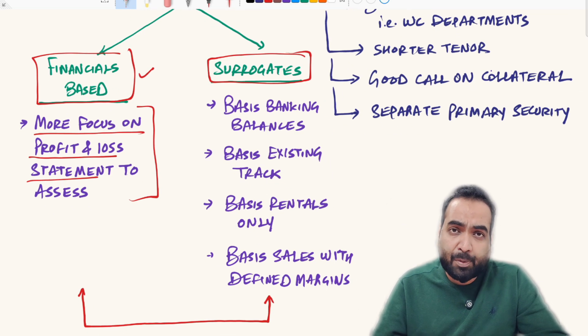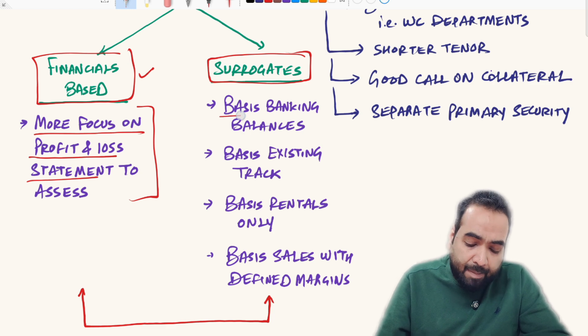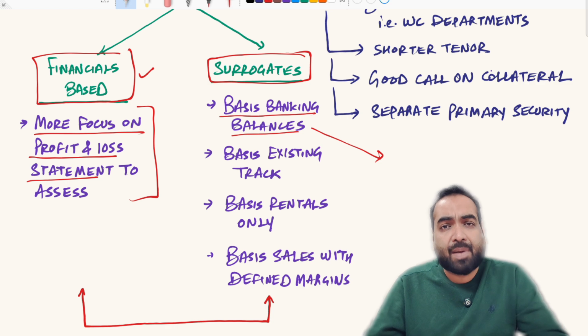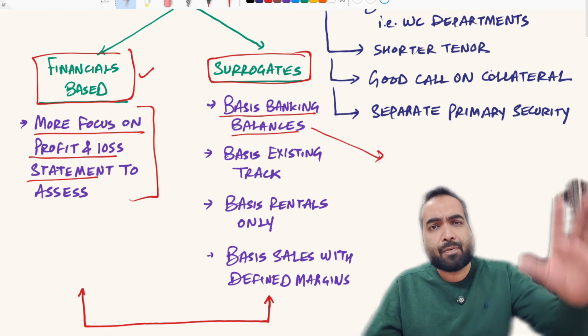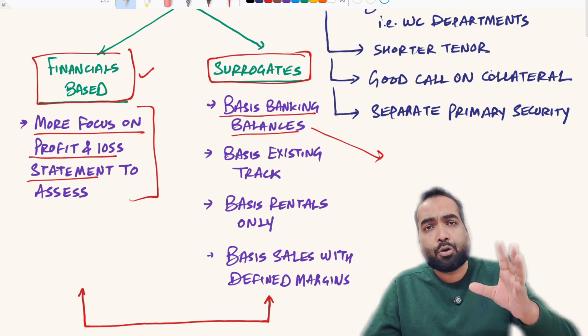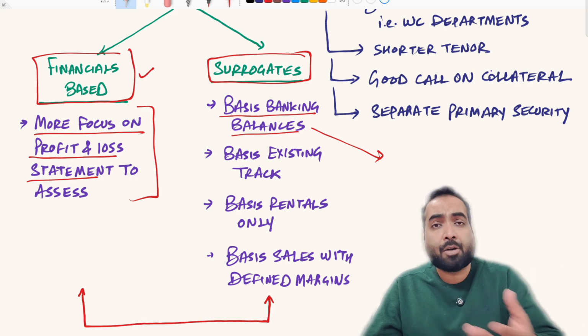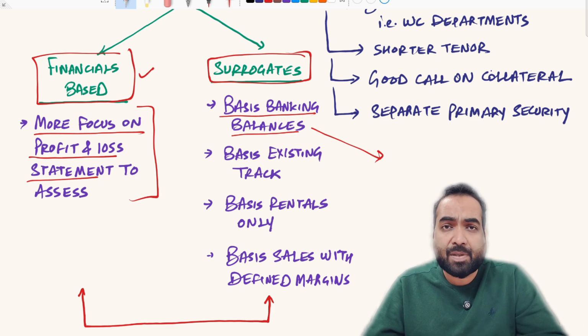The most famous product used is the bank balance. If the client has very good cash balances, holding lakhs of rupees, 20 lakh, 30 lakh, 1 crore rupees in his savings accounts or the firm's current account, that means he is a very cash rich person.